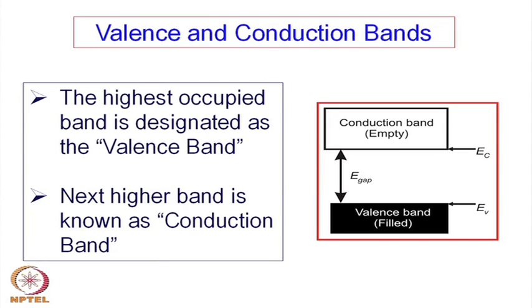Yeah, this is what I was talking about, the valence and conduction bands. As you can see here, we have drawn a horizontal line, a very simplified, extremely simplified diagram, and in reality such horizontal gaps never exist.